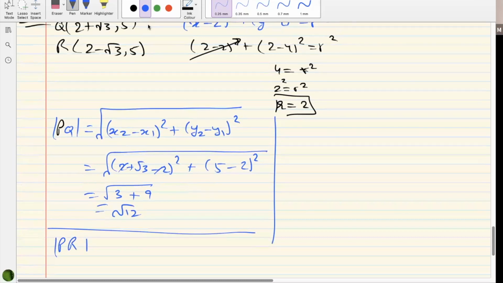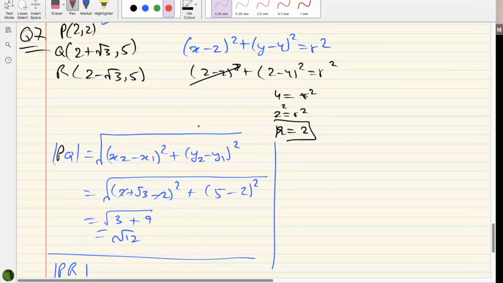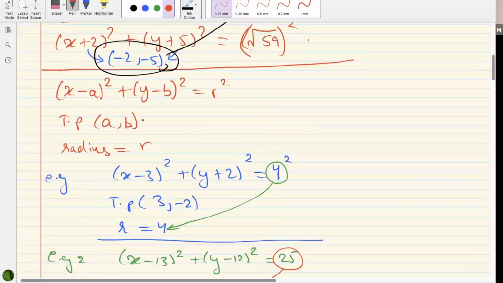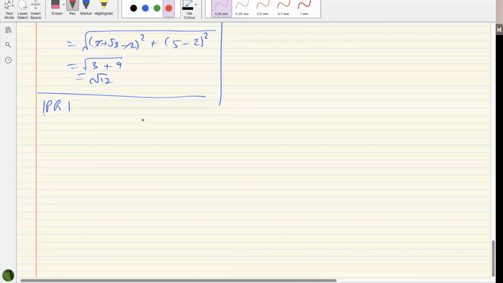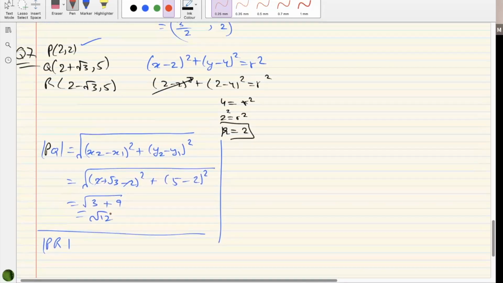Then with PR. PR is again the square root of x2 minus x1 whole squared plus y2 minus y1 whole squared.